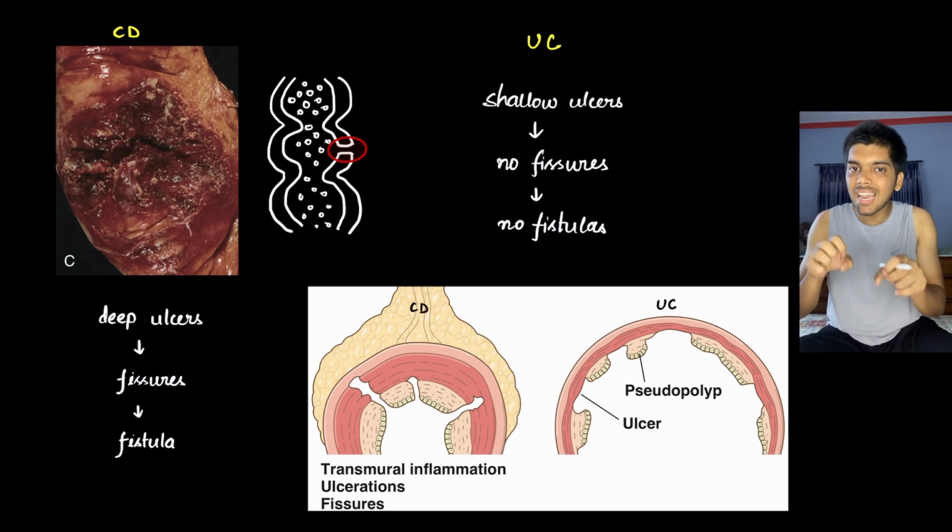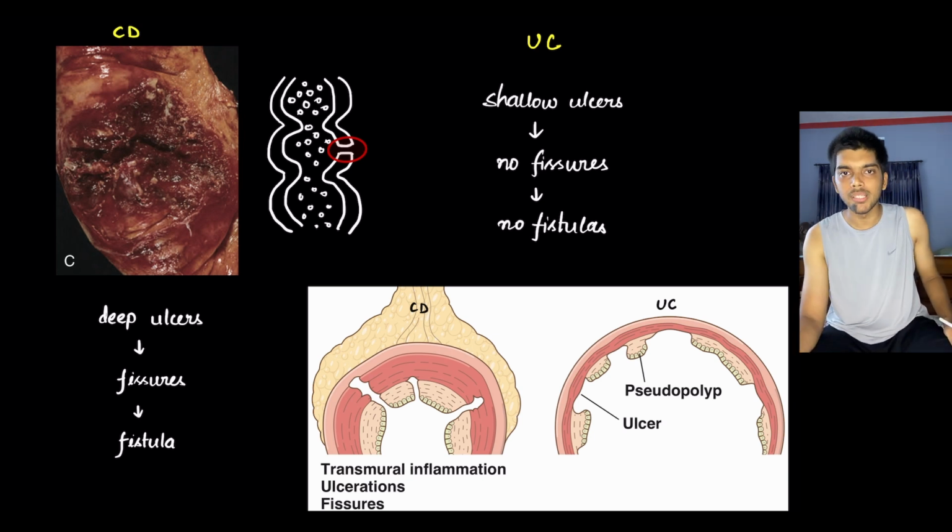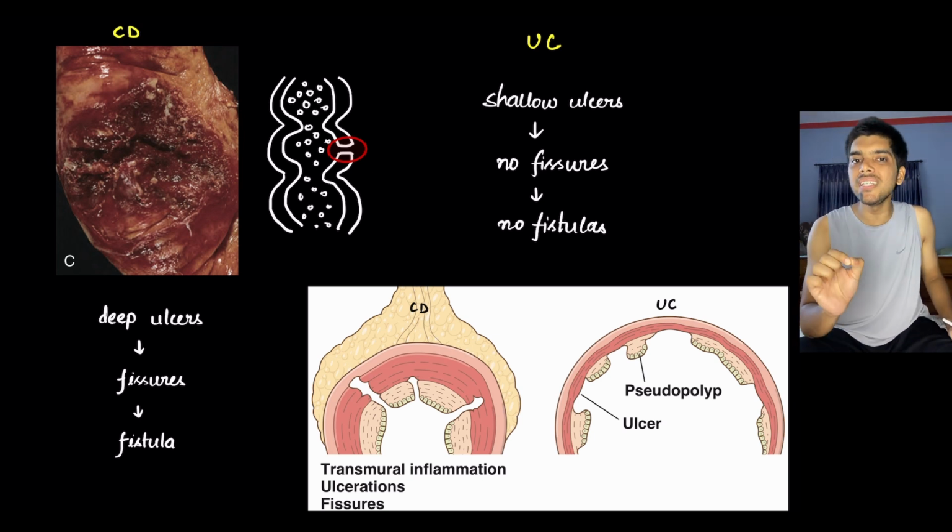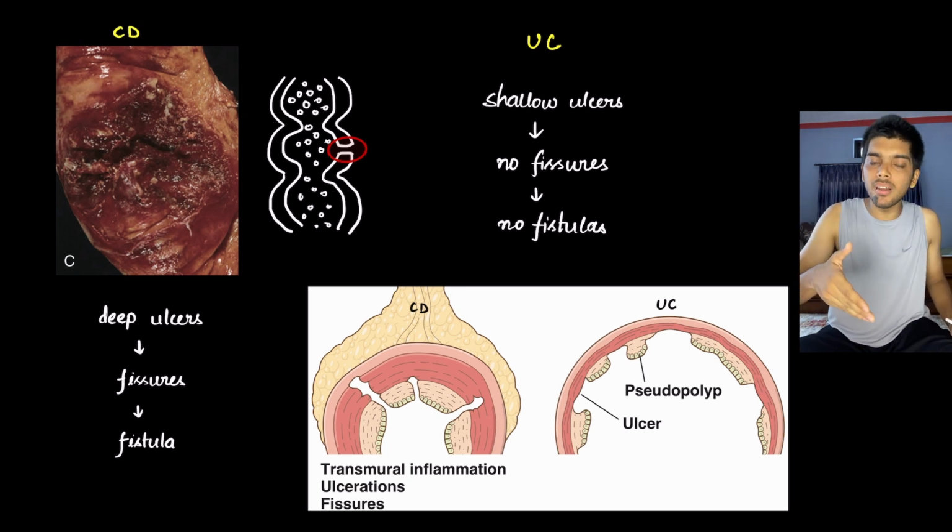This spared mucosa swells up, and then these swollen spared mucosa along with serpentine ulcers give a cobblestone appearance. Is the ulcer in Crohn's disease deep or superficial? It is deep. These deep ulcers not just involve mucosa, not just submucosa, but also the muscular layer, creating deep ulcers referred to as fissures.